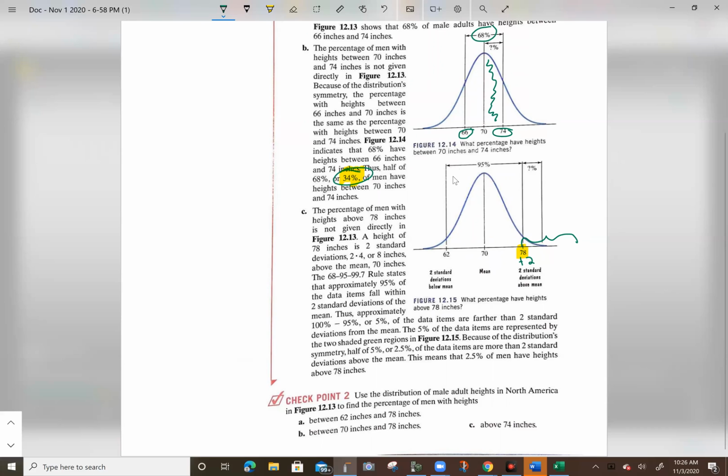We know that all of this here is 95%. So that means everything below and everything above is going to be 5% to equal that 100%, right? But if we only want what's above, we want half of that 5%. So everything above 78 is going to be 2.5%.